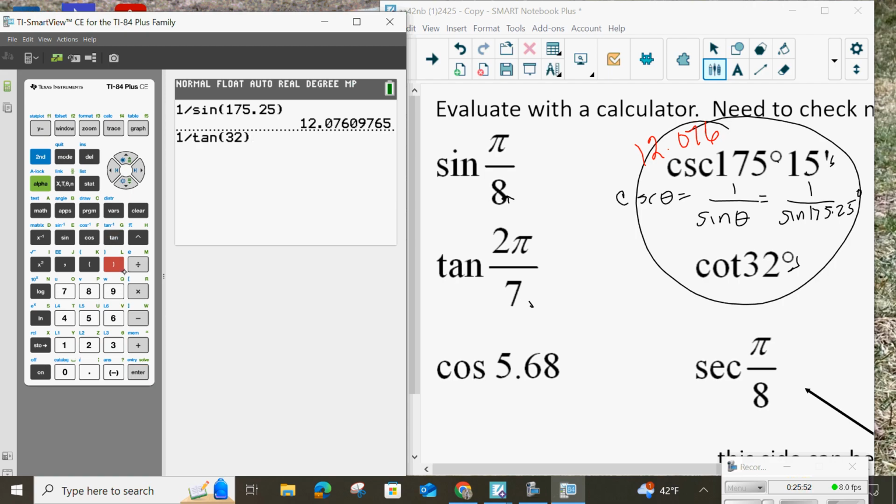Before I hit enter, you might have already hit enter. Should it be over 1, less than 1? Do I not know? Think about it. Tangent is opposite over adjacent. Cotangent is adjacent over opposite. Are we guaranteed that one of those is bigger than the other?